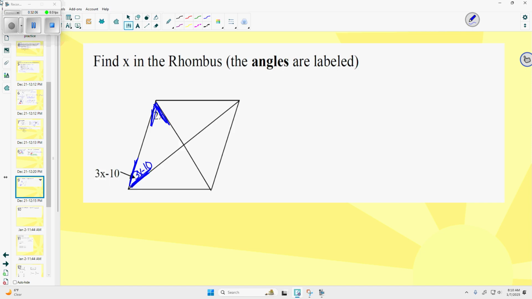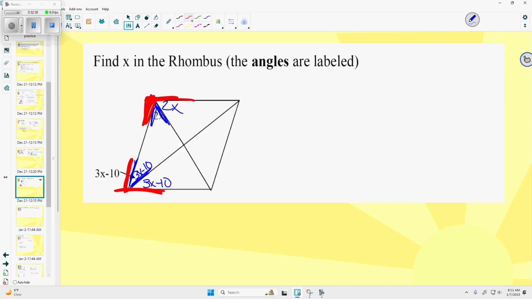Which angles add up to 180? Angles that are where? Next to each other or across? So this entire angle plus this entire angle adds up to 180. What do you know this is? So let's tweak that equation that you gave me.